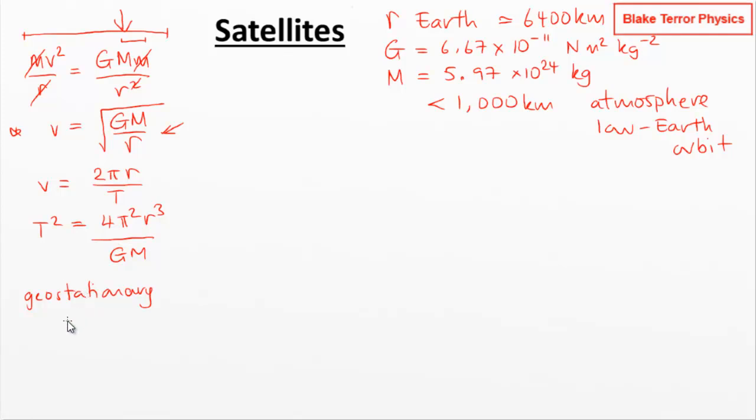24 hours is 86,400 seconds. So we've got that as the square of our orbital period. We then need to multiply by G and M and divide it by 4 pi squared, and that is going to give us our r cubed. So that is giving us a specific radius of the orbit of a geostationary satellite.